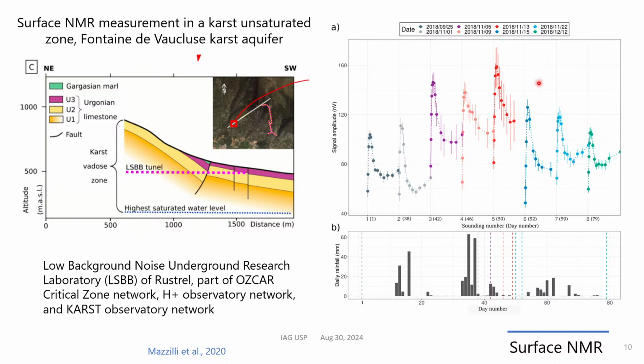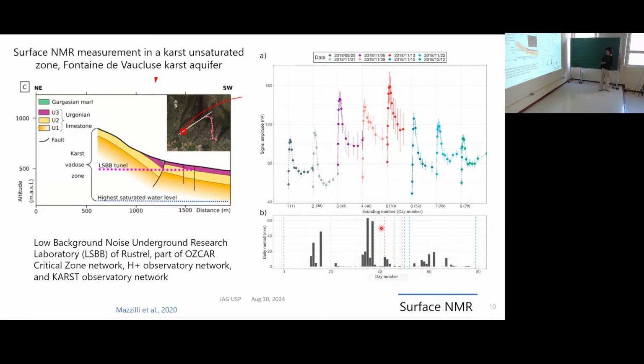What they did here is a very preliminary comparison between the signal amplitude and the precipitation events. You can see roughly that it matches: when you have a precipitation event, the amplitude of surface NMR also increases. So this serves as a demonstration that surface NMR can be used for long-term monitoring of the water content in the subsurface.